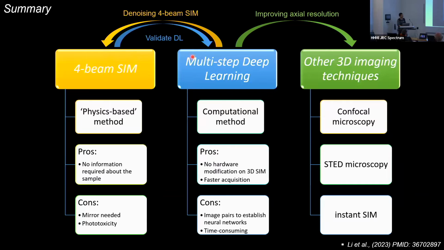Our deep learning pipeline could also be used to improve the actual resolution of other imaging modalities. We have already tried confocal and STED, and instant SIM. It works not as well as 3D SIM, but indeed improves the actual resolution a bit.